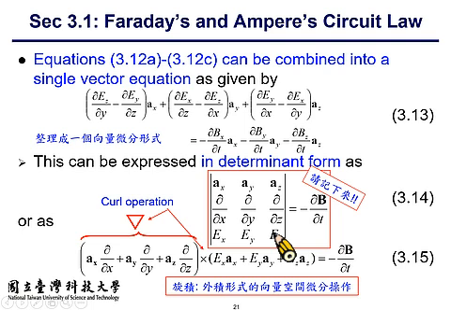This is not delta, this is del. So the del sign means spatial derivative, where you are trying to find out the difference in the x direction, the difference toward y in the y direction, and the difference of z in the z direction.